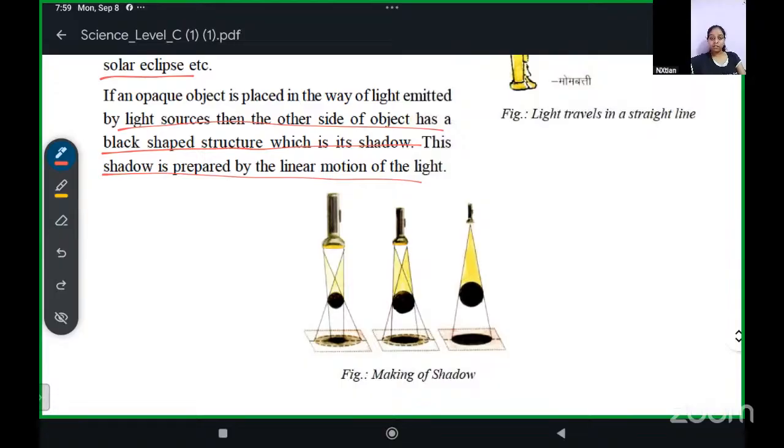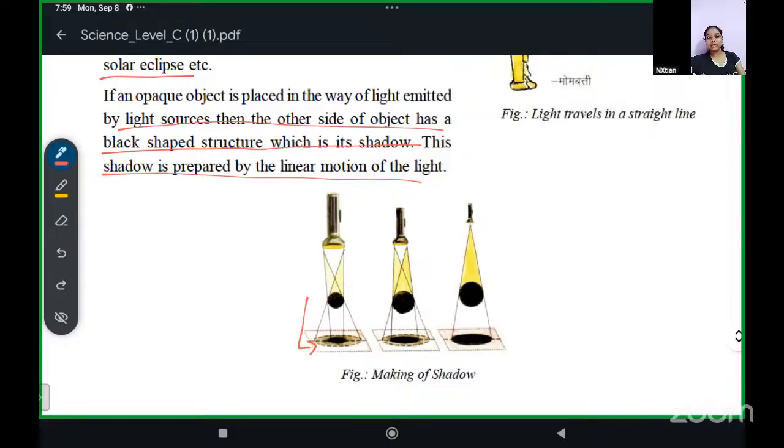When it is in the path of light, the light touches its edges and gets slightly diverted, and due to this motion of the light, we see the shadow of that thing appear on the other side.